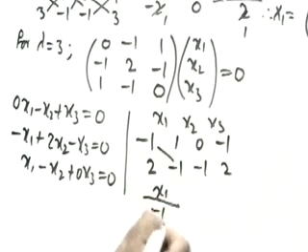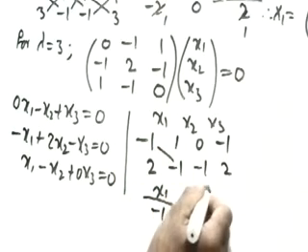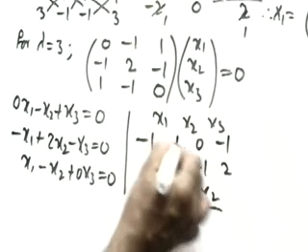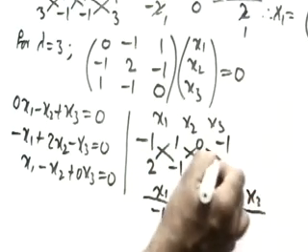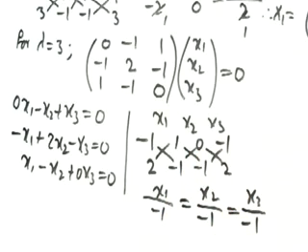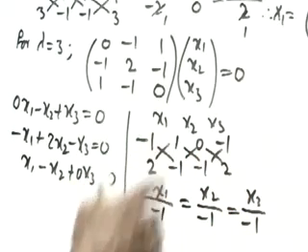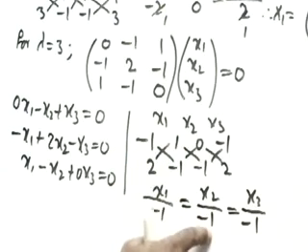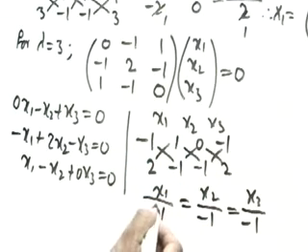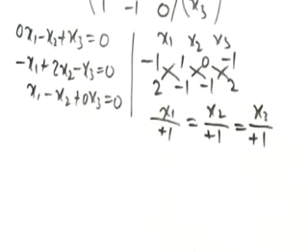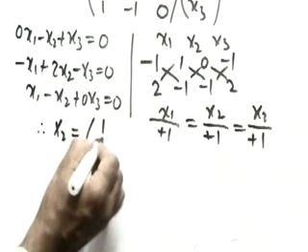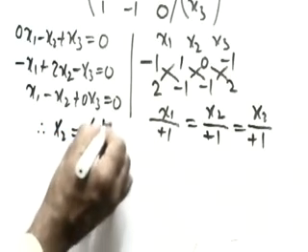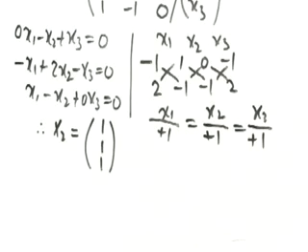So x1 divided by minus 1 is 1, 1 minus 2, minus 1, equals x2 divided by minus 1 minus 0, which will be minus 1, equals x3 divided by 0 minus 1, minus 1. You can cancel the minus signs. So we get the second vector as 1, 1, 1. Therefore x2 equals 1, 1, 1.